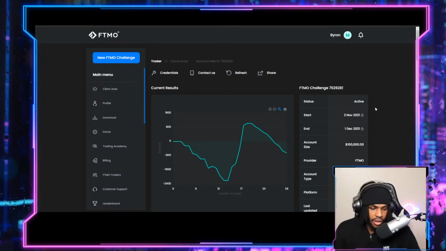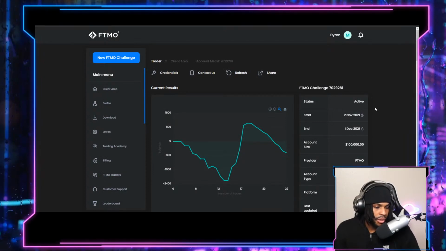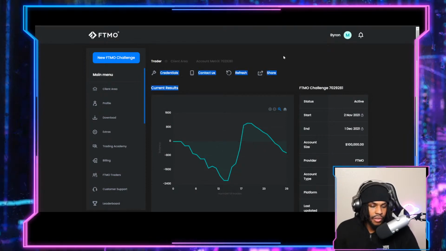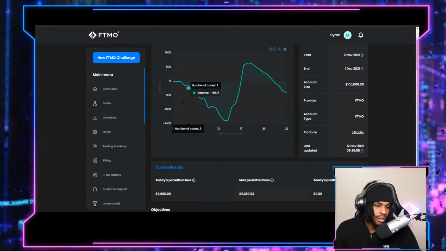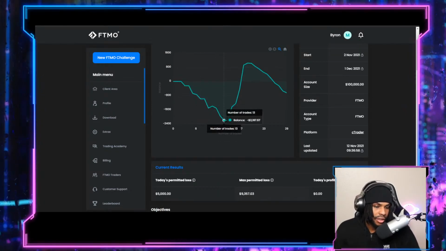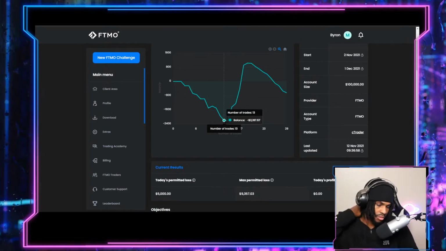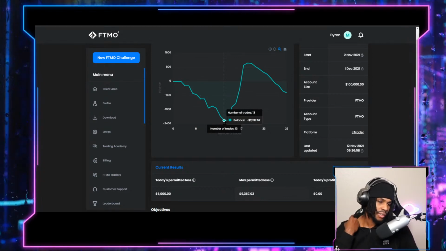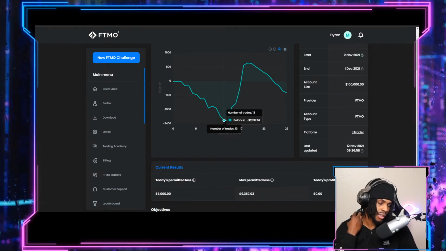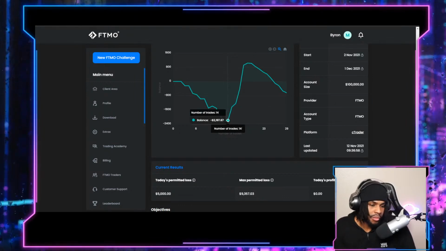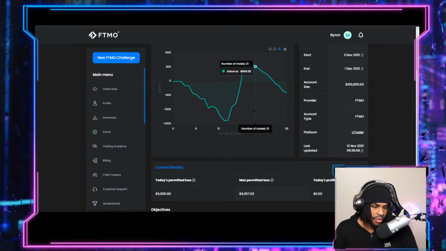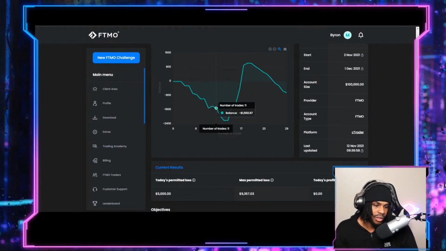So for those of you that don't know, I'm taking the FTMO 100K challenge. First week I was getting cooked. I took a lot of bad trades, like 12-13 trades, just straight losers. I had some trades that saw profit, probably a total of maybe $1,200 worth of profit over the course of these trades.